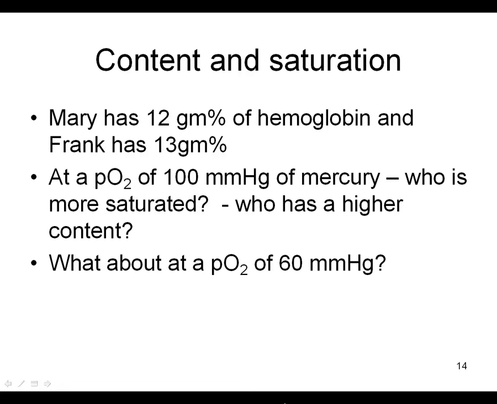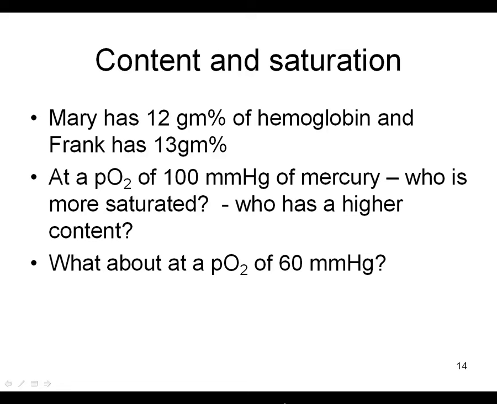Frank will also be 85% saturated, but he has more hemoglobin, so his content will still be higher, and specifically the bound content. So once again, saturation is determined by PO2. Once you're 100% saturated, you're 100% saturated. However, content is determined by both saturation and hemoglobin concentration.